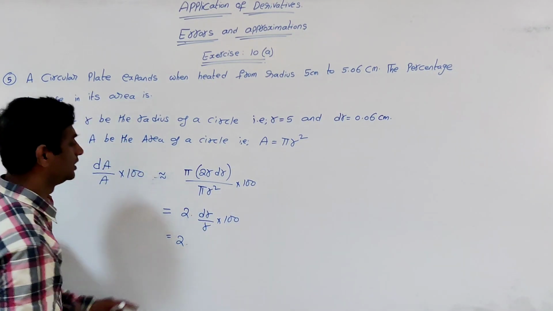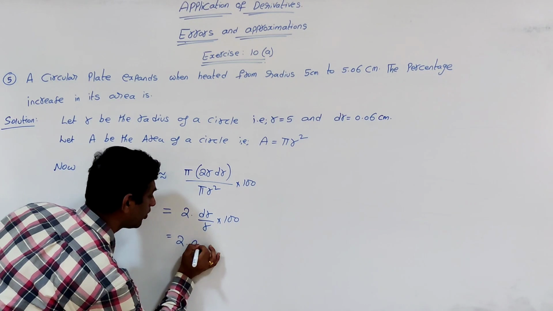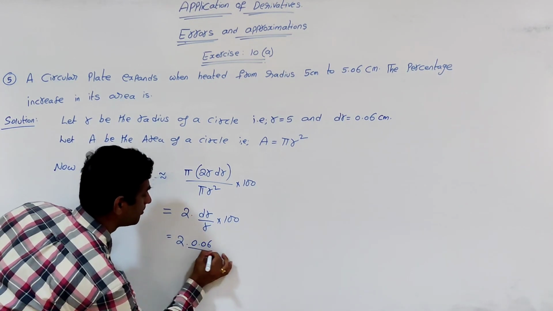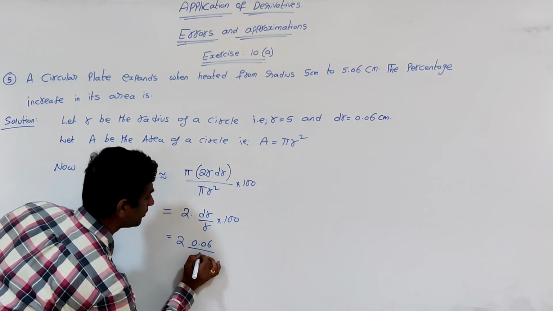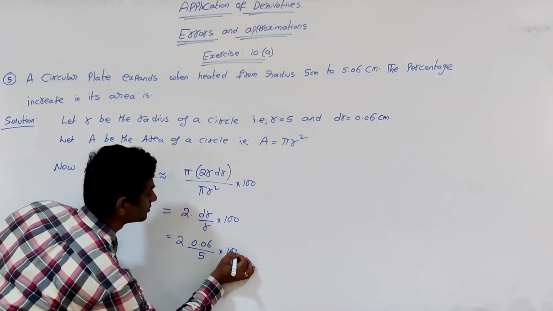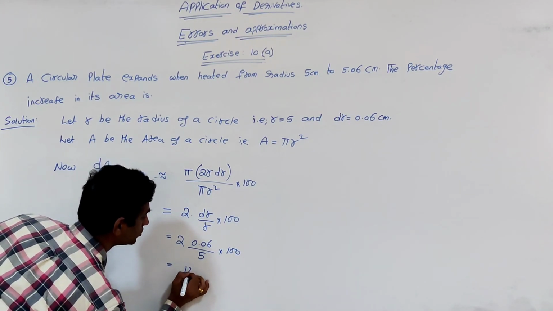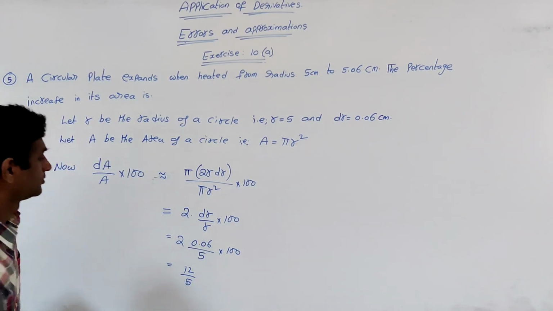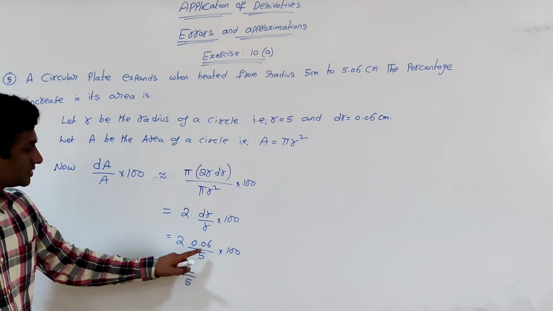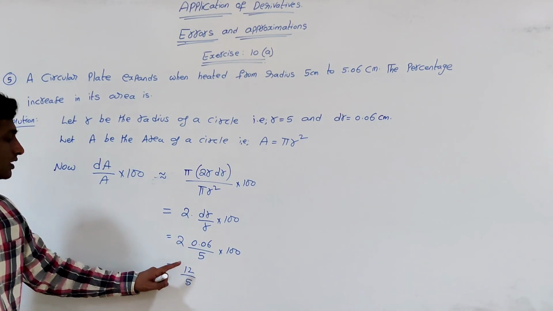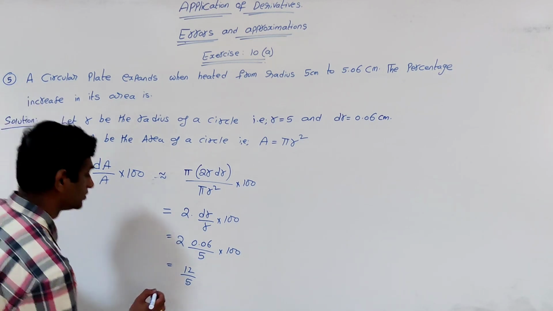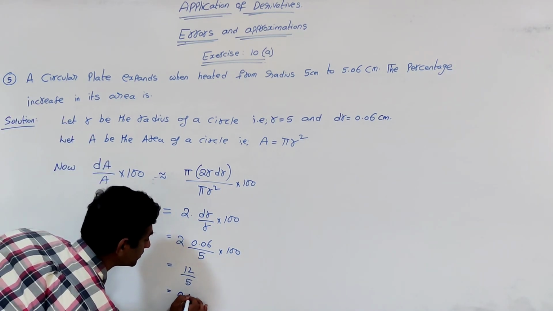So 2 times dr, 0.06, by 5 into 100, that is 12 by 5. 0.06 into 100 is 6, 6 into 2 is 12, 12 by 5.